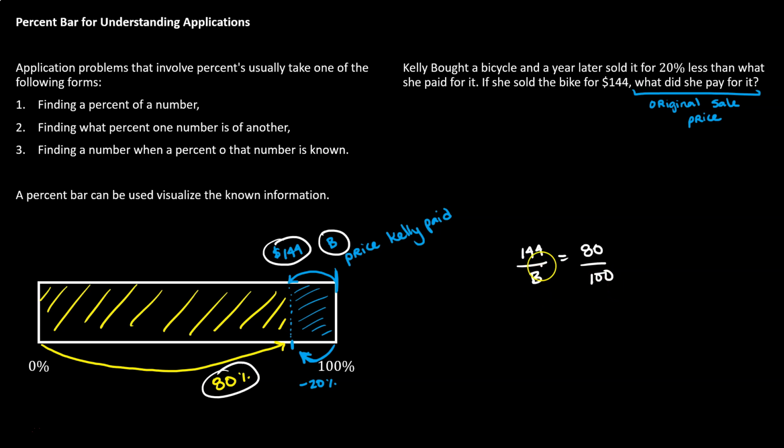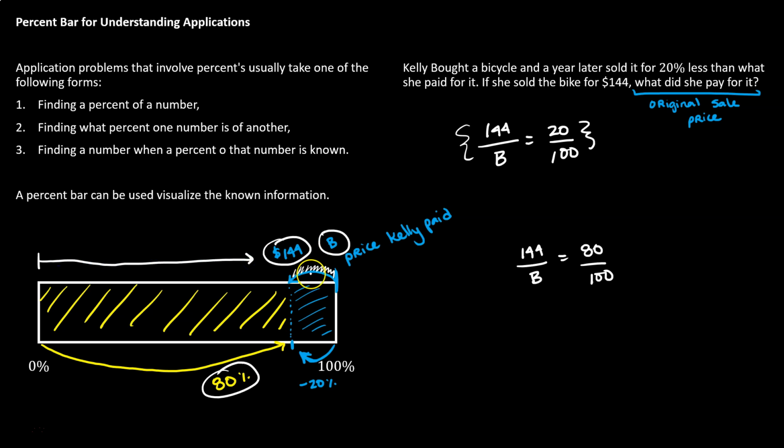If we had set it up the other way, 144 over our base equals 20 over 100, this answers a different question. This tells you how much the blue space is. But 144 is not the amount of money that goes here. 144 is the amount of money that fills in the yellow space.